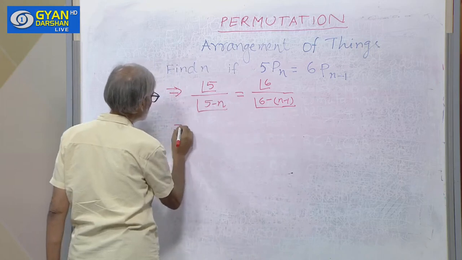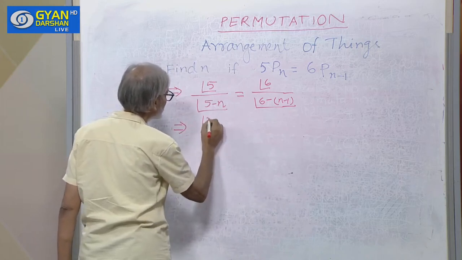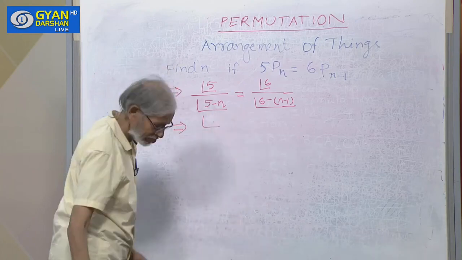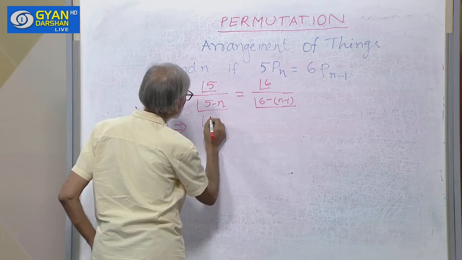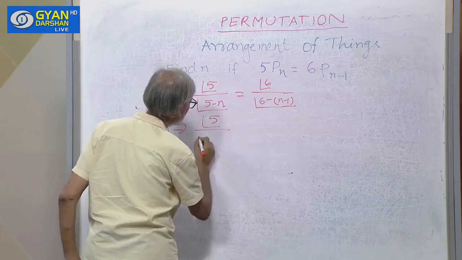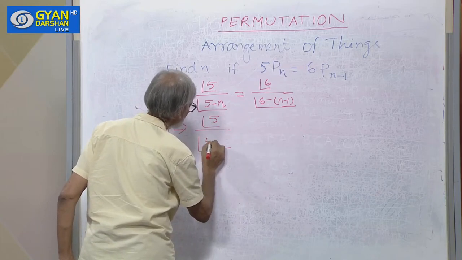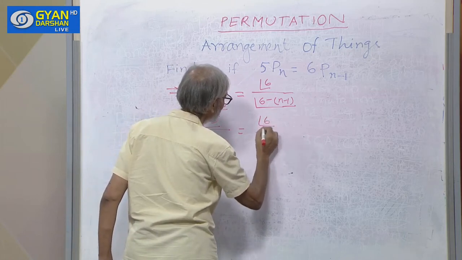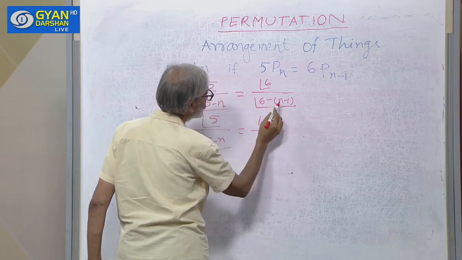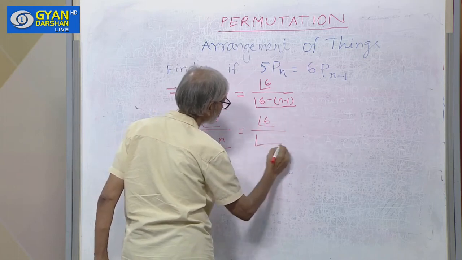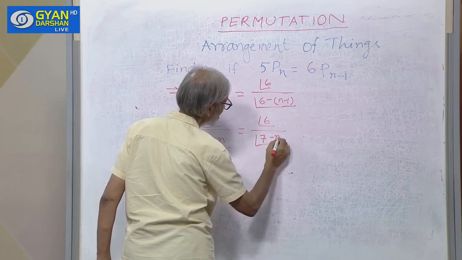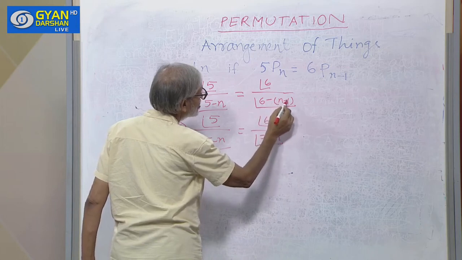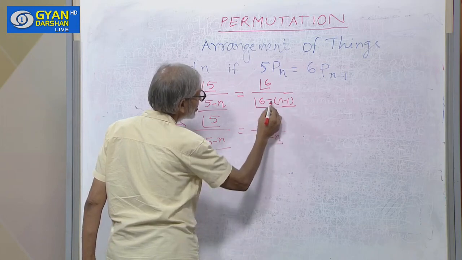So, factorial 5 divided by factorial 5 minus n is equal to factorial 6 divided by factorial 7 minus n, because if you open the bracket, minus minus will be plus, 6 plus 1 is 7, so 7 minus n.